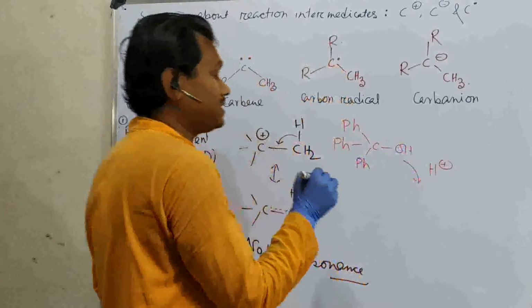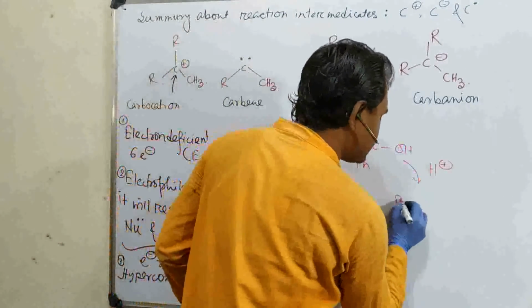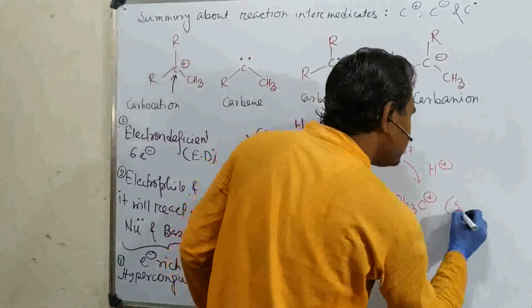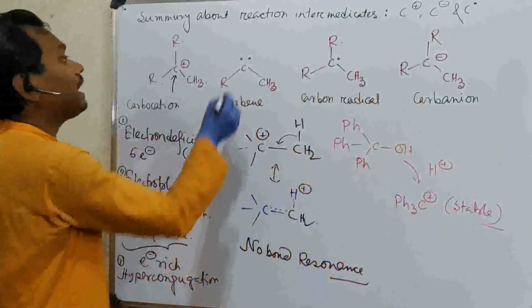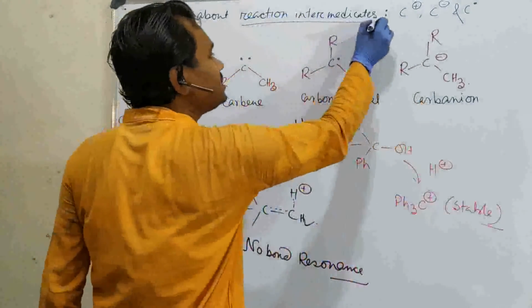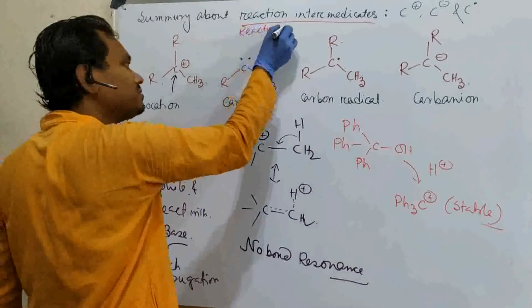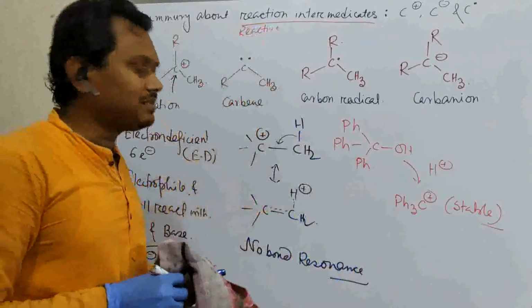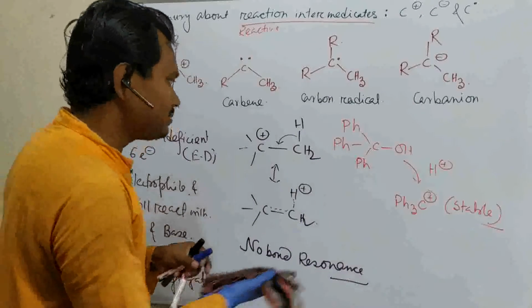It's a stable and colored cation. So it produces Ph3C plus, and this is relatively stable. Keep it in mind, these are reaction intermediates, or you can say reactive intermediates. When I say something is stable, it means it is relatively stable. Fine, so this is the example of how it is stabilized.